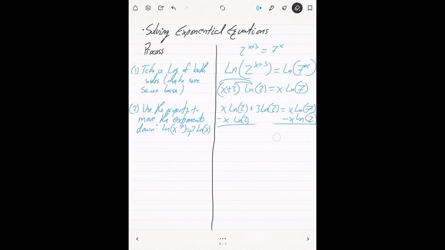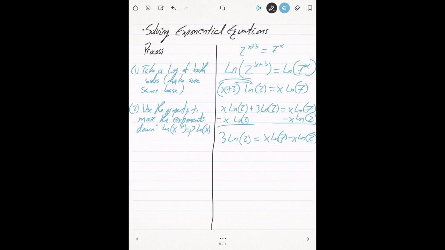Let me try rewriting this. We had 3 ln of 2 equaling x ln of 7 minus x ln of 2. Okay, so we got the x terms on one side and everything without an x on the other side.